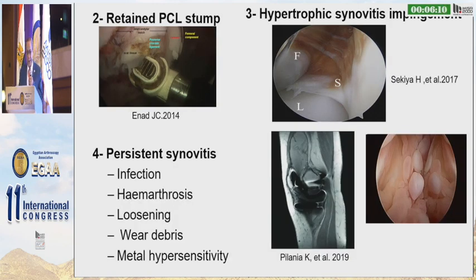Second, retained PCL stump, and these cases are treated by arthroscopic lysis, by vapor, by shaver, and so on. The third, hypertrophic synovitis impingement, as seen here between the femoral implant and the liner, as well as the fat bed.